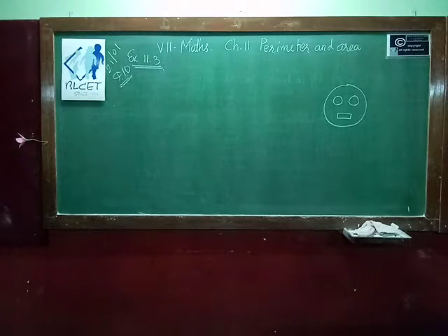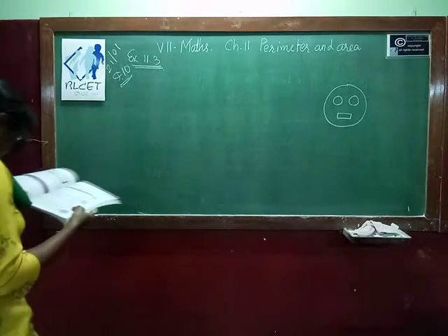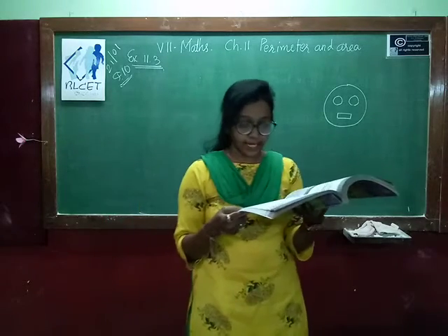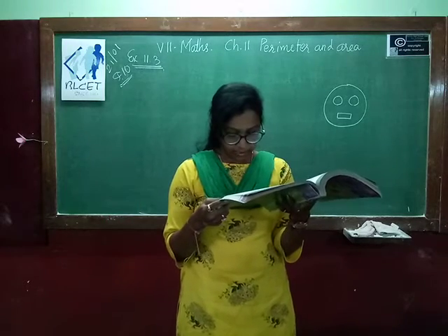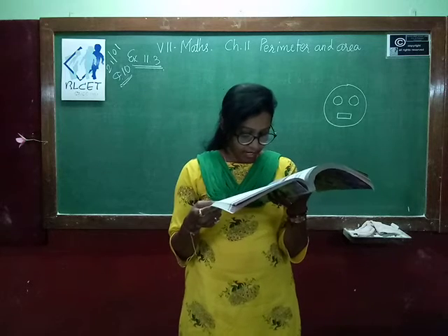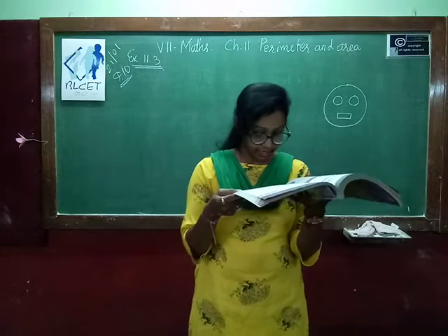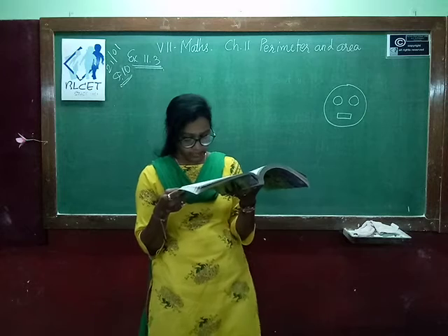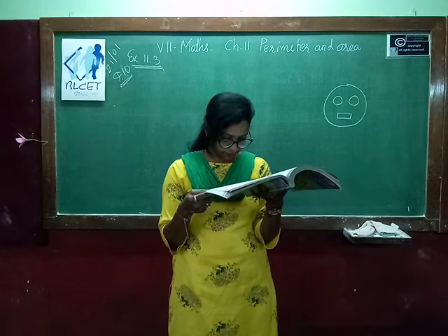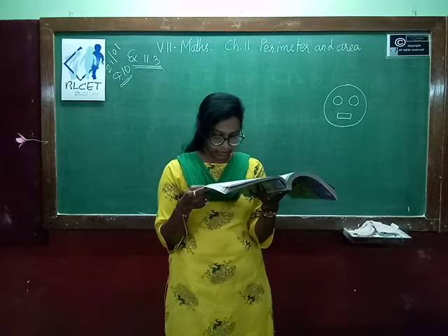See the 10th question. The question is, from a circular card sheet of radius 14 cm, two circles of radius 3.5 cm and a rectangle of length 3 cm and breadth 1 cm are removed as shown in the figure. Find the area of the remaining sheet.